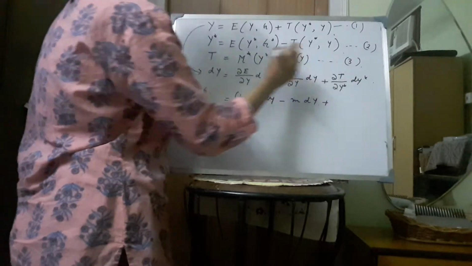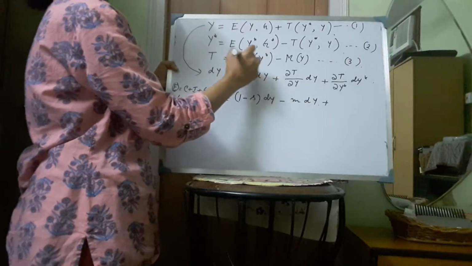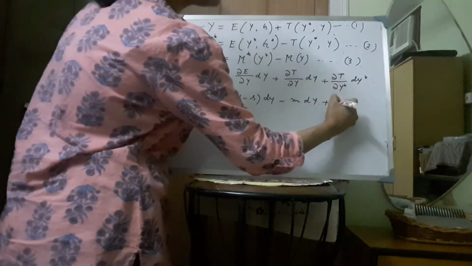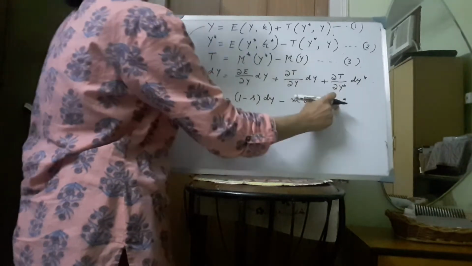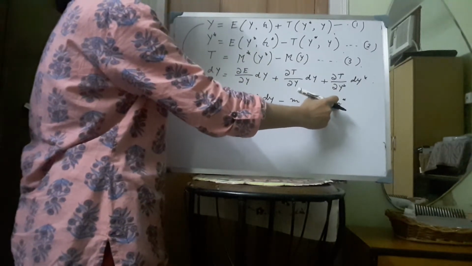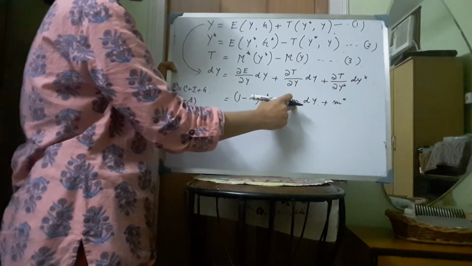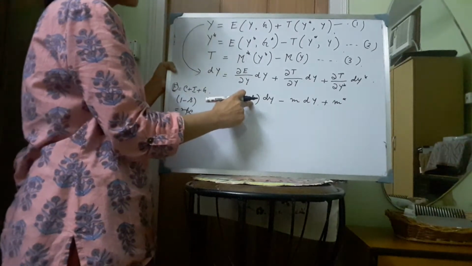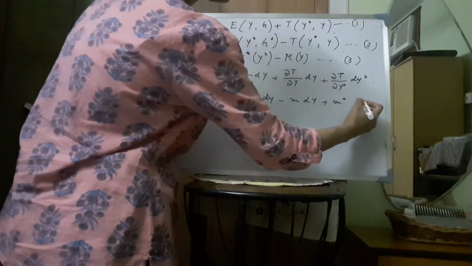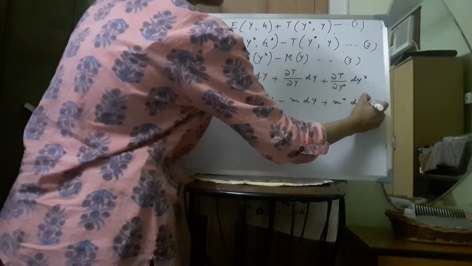And what is del T del y star? Del T del y star is M star. So this is the marginal propensity to import in the foreign country, this is the marginal propensity to import in the domestic country, and this is the MPS in the domestic economy. Then we have dy star.